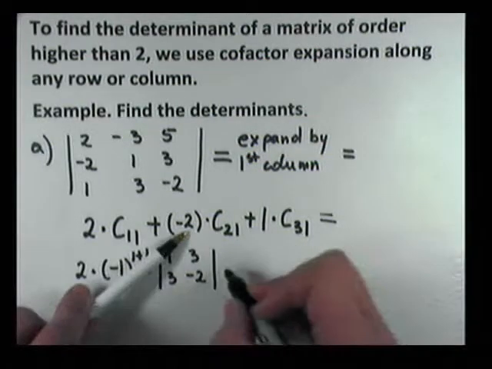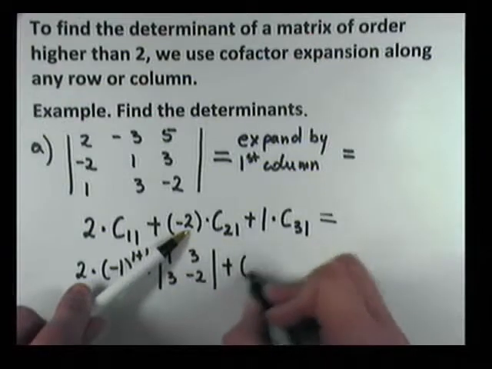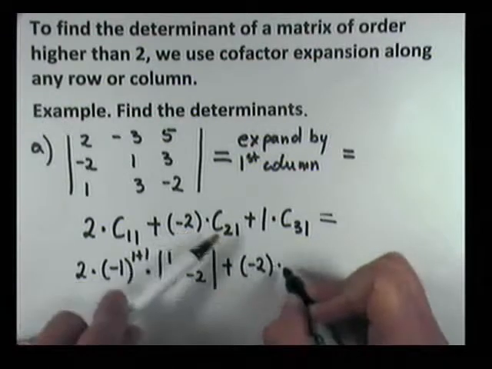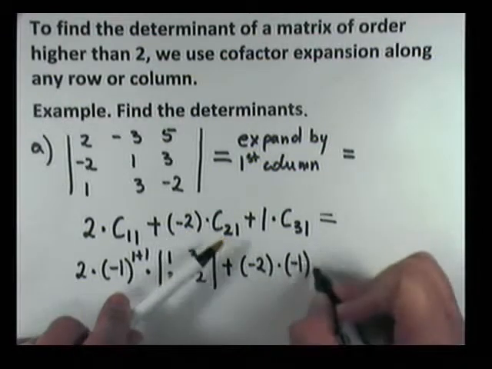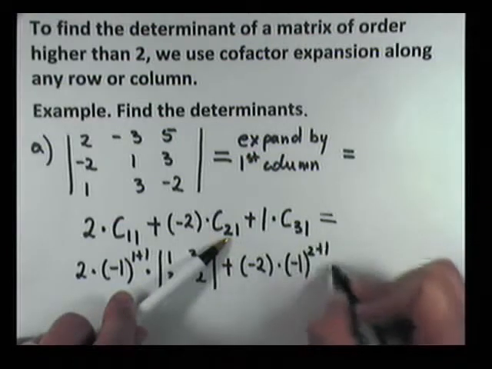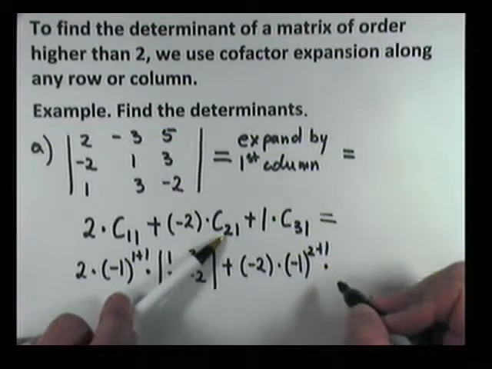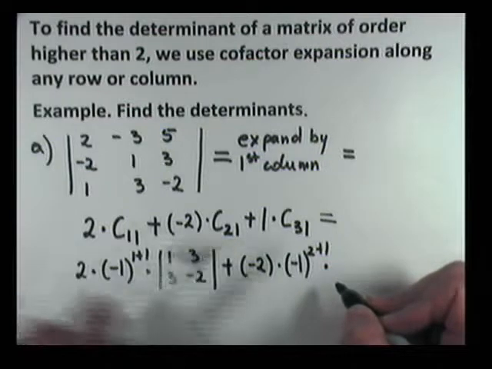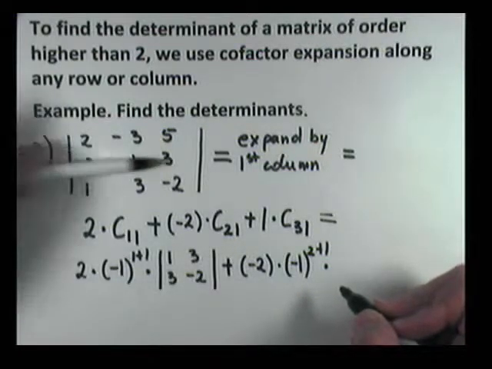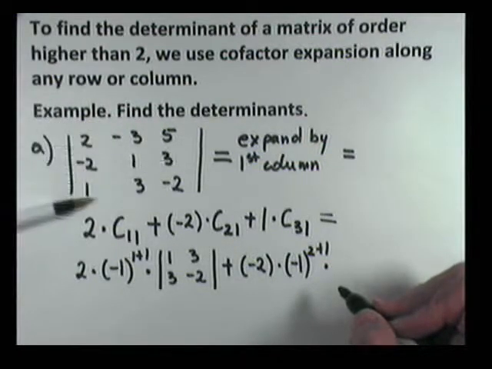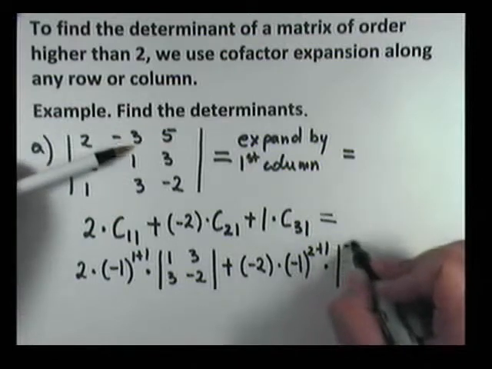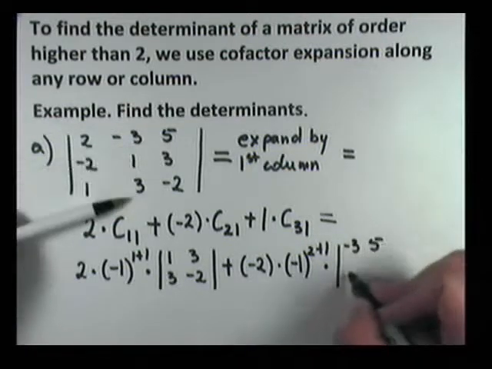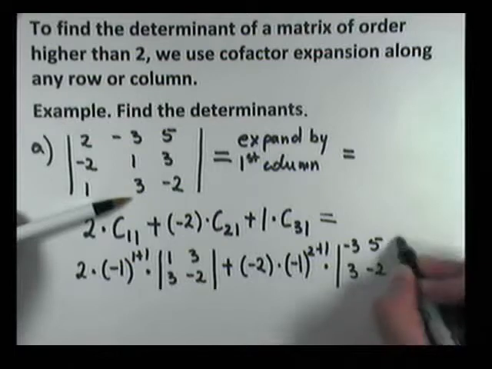Then we have plus minus 2 times the cofactor, which is minus 1 to the power of 2 plus 1 times the minor. Delete second row and first column, and what is left is minus 3, 5, and 3, minus 2.